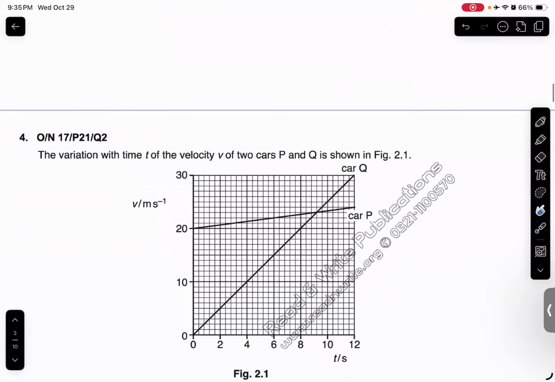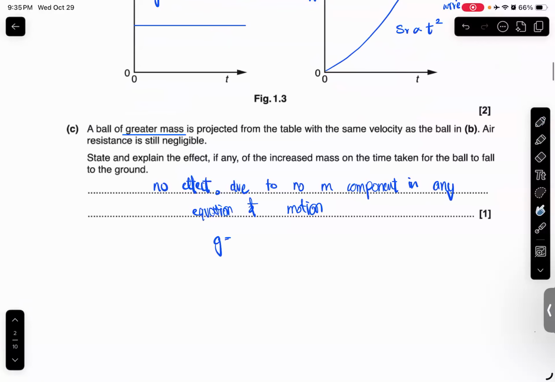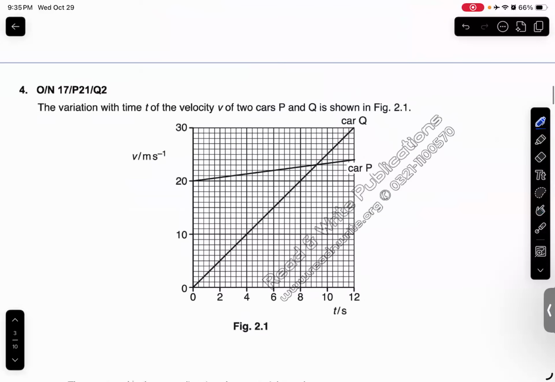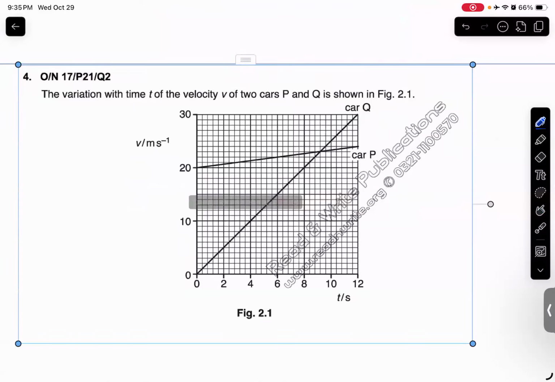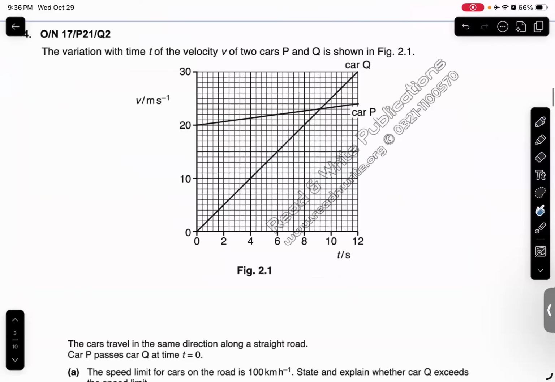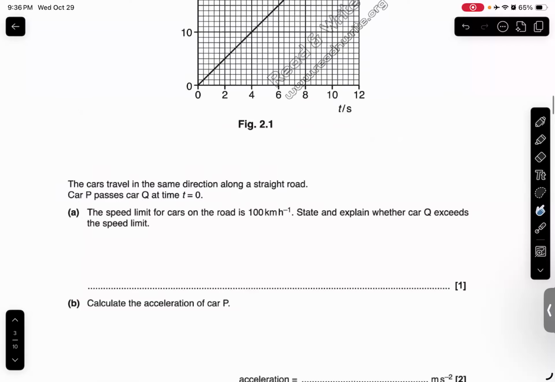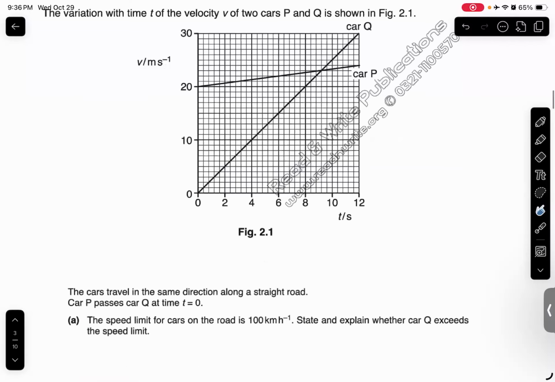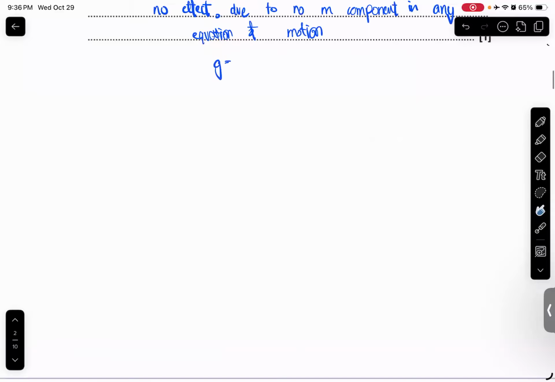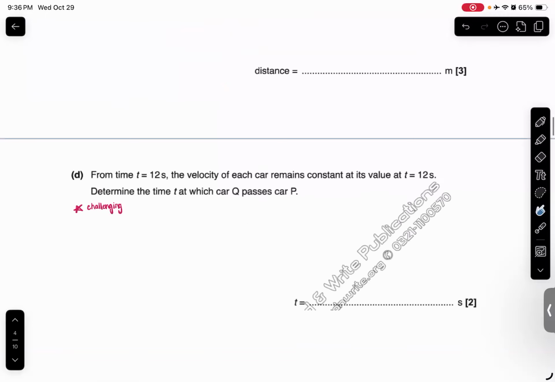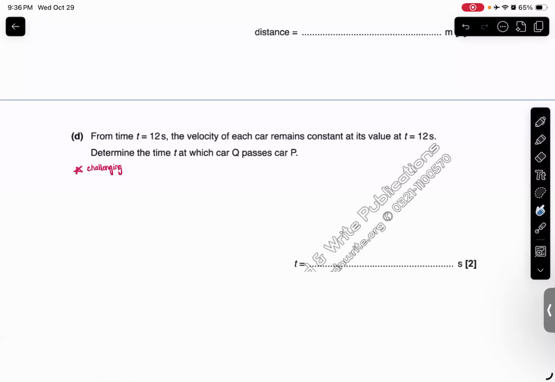Question number 4. Who solved question number 4? Did anyone solve this question completely? How much did you solve it? No, I just finished the first question. Okay. Yes, Anya. I did till part C, but I'm pretty sure I messed up.